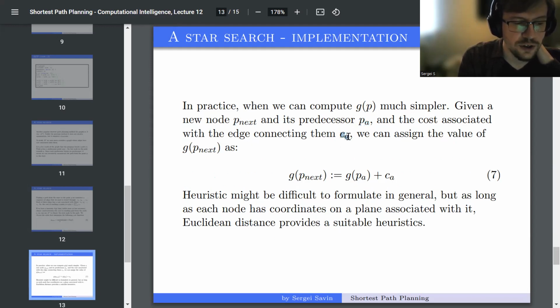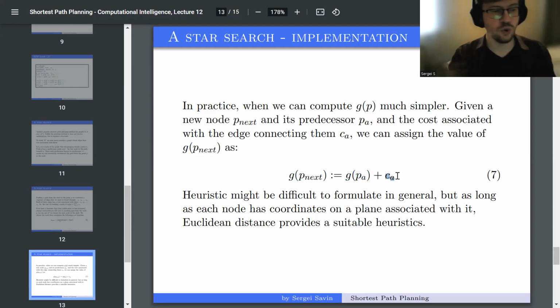And that will be C sub A. And then we assign the value of G of P next. We don't have to compute it each time. We can just store it in memory. G of P next is equal to G of P sub A, so the predecessor cost, plus C sub A. That's it. And we just store this in memory.